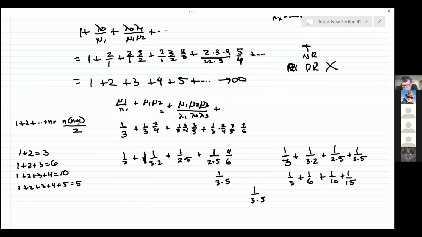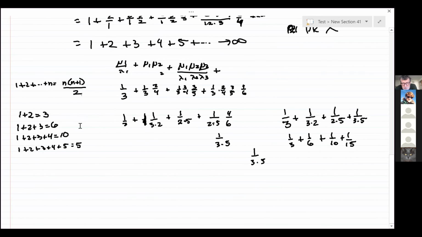Does that help me? Let me think about it. Maybe. So let's write this one. The 1/3 we can now write as, using this, 2 times 3 over 2, which is what we had here. Maybe it's easier to write it that way.